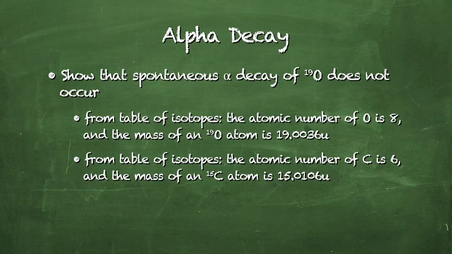You'll also have to know that the element with an atomic number of 6 is carbon, and the mass of a carbon-15 atom is 15.0106 atomic mass units.